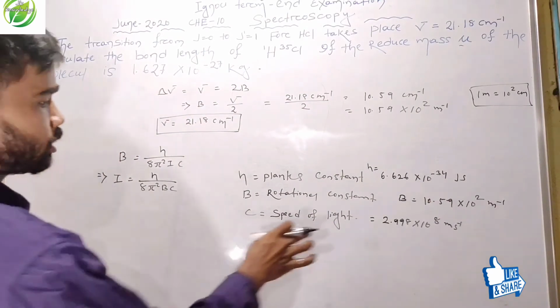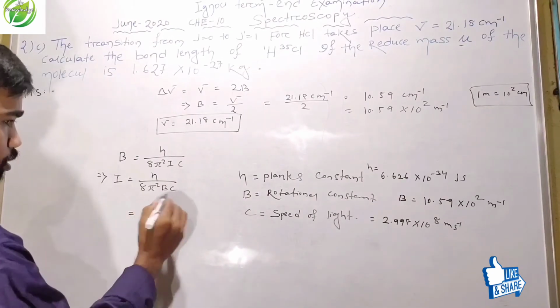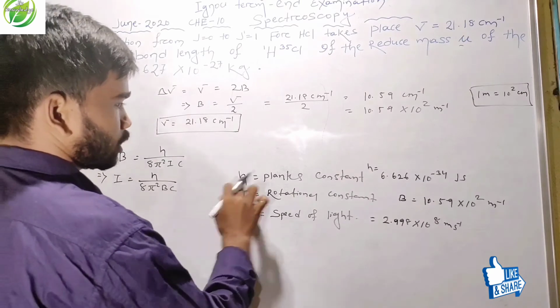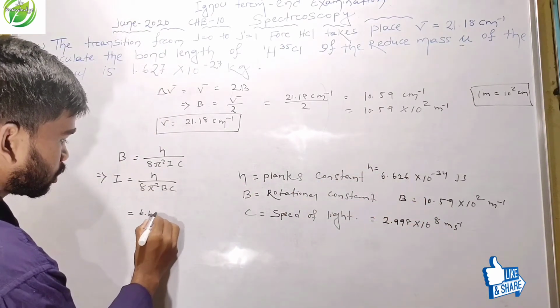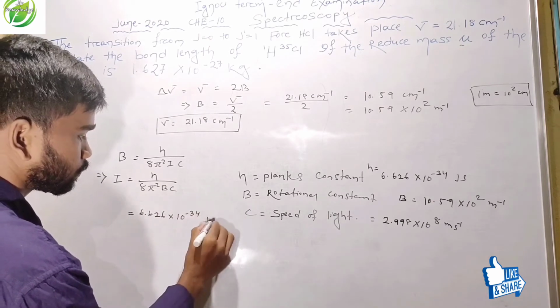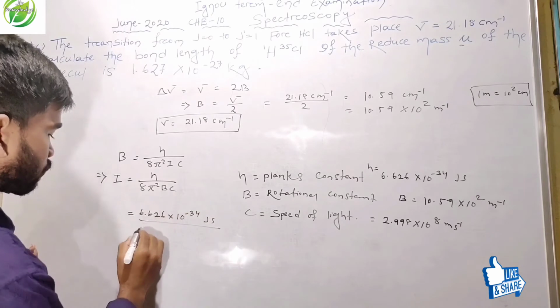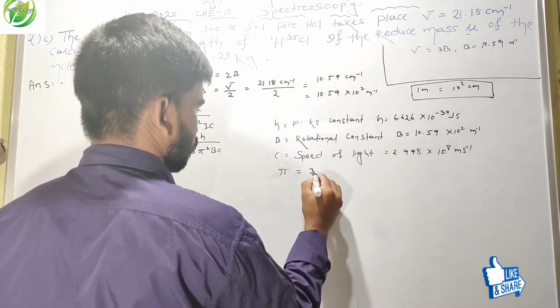We put all these values in this place. For h we put 6.626 × 10⁻³⁴, and pi is equal to 3.14.